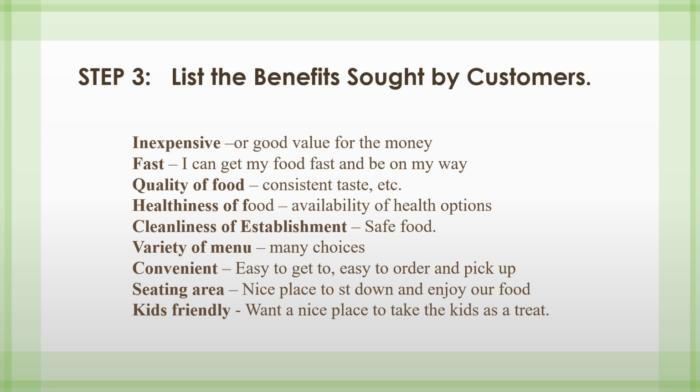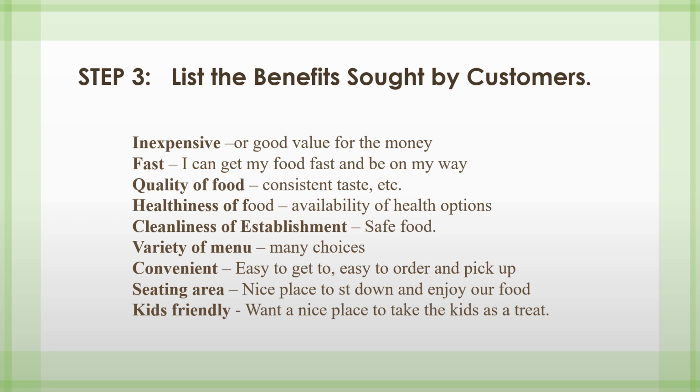They might be interested in the cleanliness of the establishment because they're interested in food safety. They might be interested in a variety of the menu because maybe they'll have 3 or 4 people with them and everybody wants something a little bit different. So I want to make sure I go to a fast food restaurant that has a variety of menu.